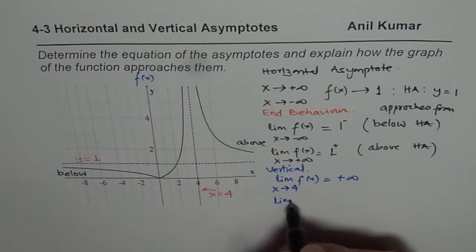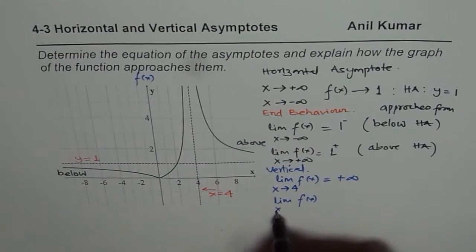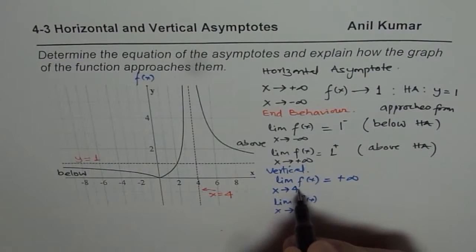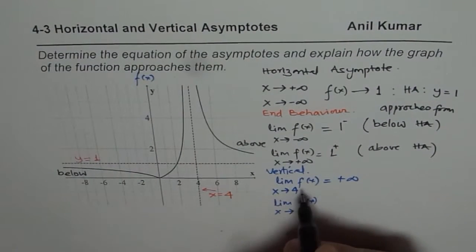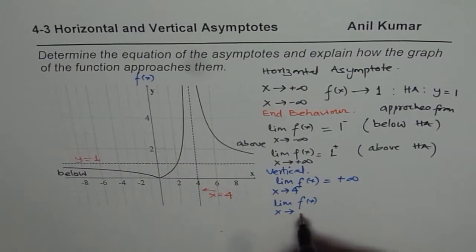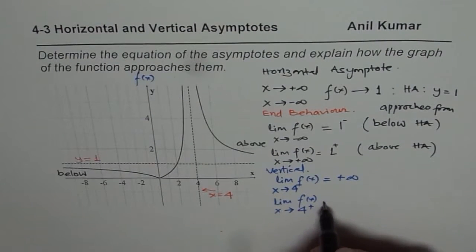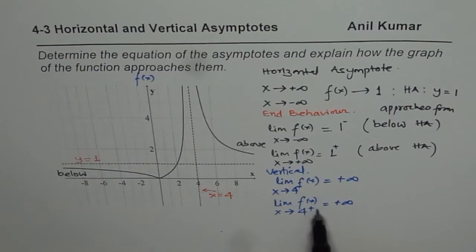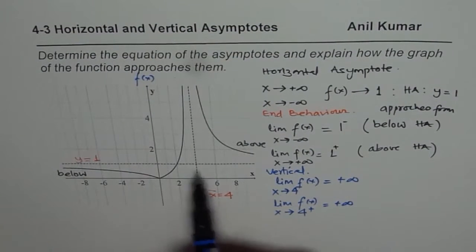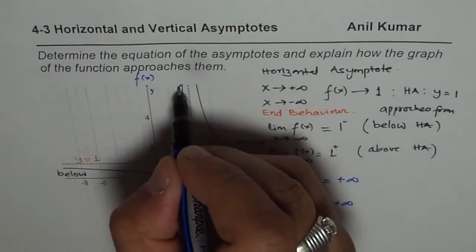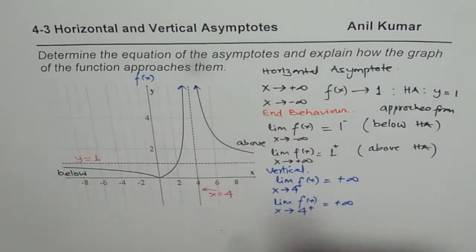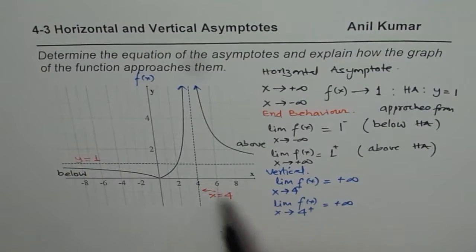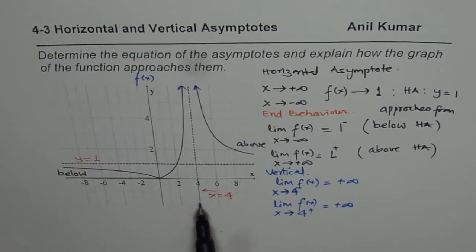Similarly, the limit of the function as x approaches 4, from both sides, right? 4 minus means from the left side, and if I write 4 plus, then also it is approaching plus infinity. So as we approach 4 from either side, the function is approaching plus infinity. Do you see that?